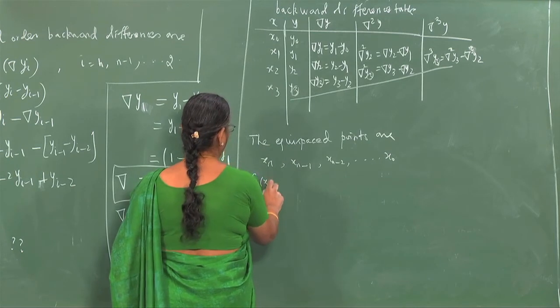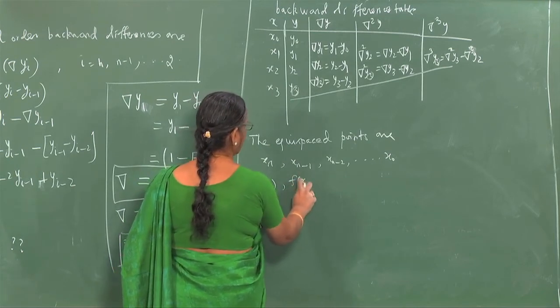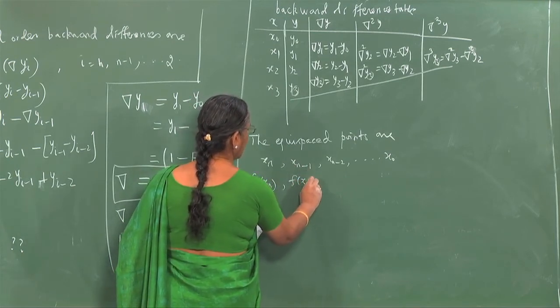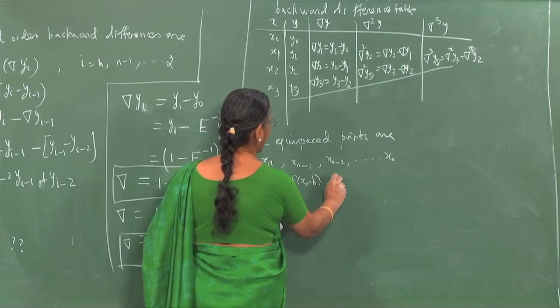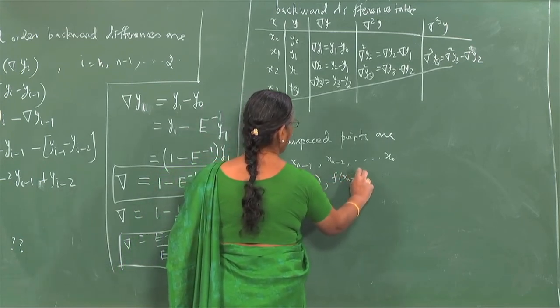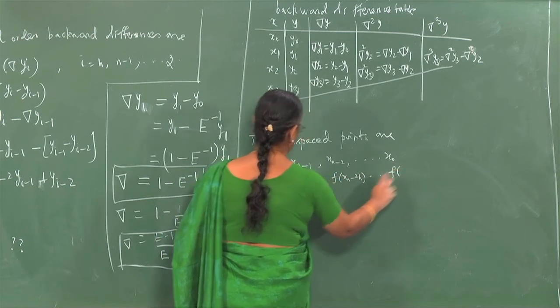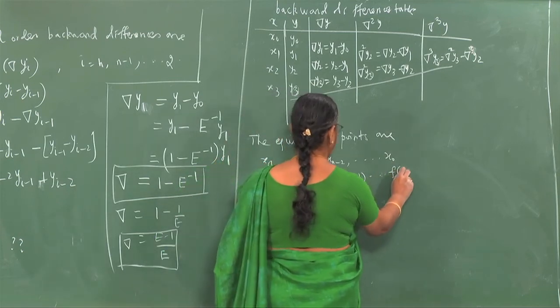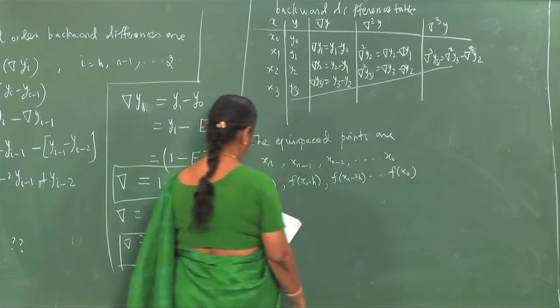So, the corresponding information is given at f of xn, f of xn minus h, f at xn minus 2h, and here the information is given at f of x naught.